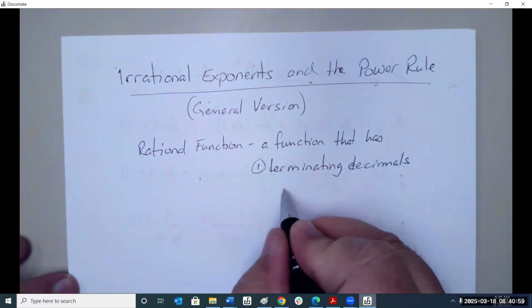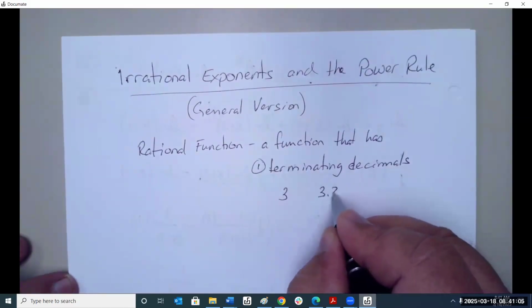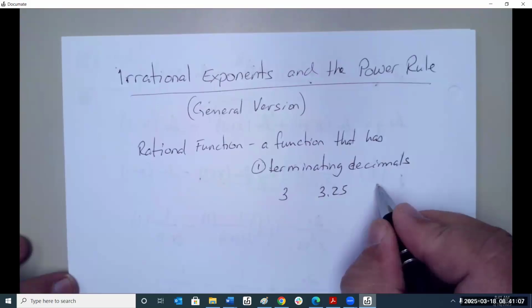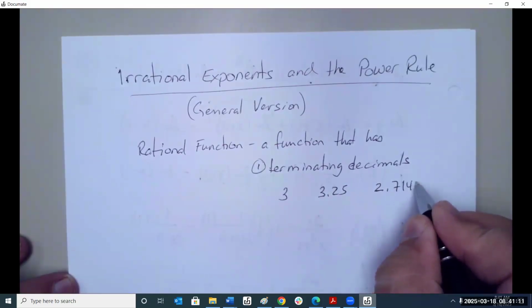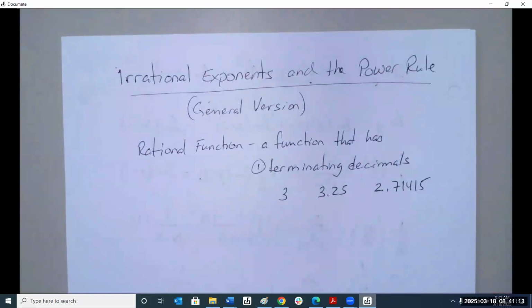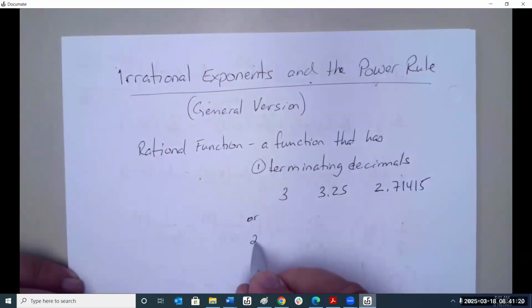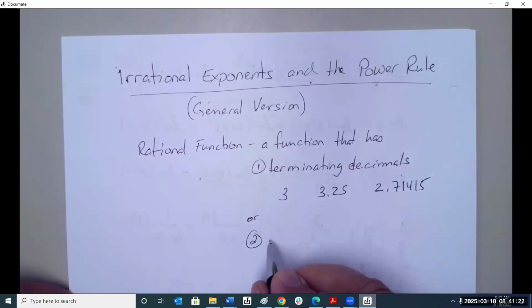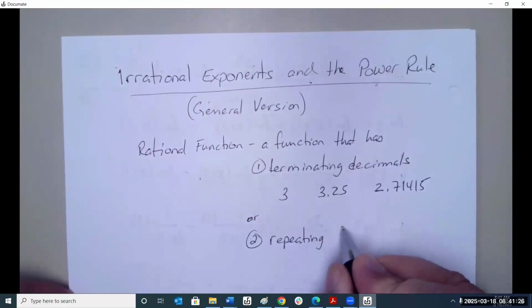For example, 3, because that's the same thing as 3.0, 3.25, 2.71415. It ends. Or has repeating decimals.